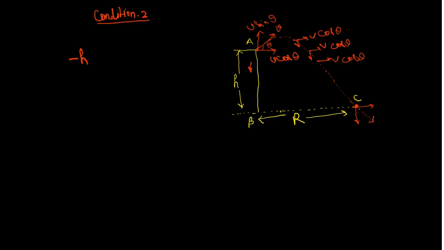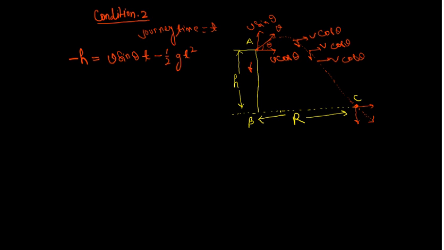This is the displacement. If we apply equation 2 of the motion, minus h is equal to, what is my velocity? V sin theta, definitely V sin theta. Let the time in this journey be t. So I can write V sin theta into t. Whether I have to apply a minus sign or plus sign, definitely minus, because I am moving my object in the upward direction, so gravity will be opposing in nature. So half g t square, correct?